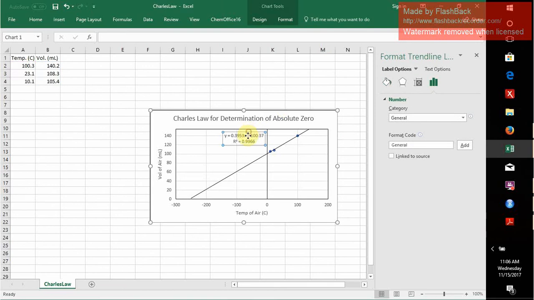And then let's take this equation and adjust it like we did in RStudio.